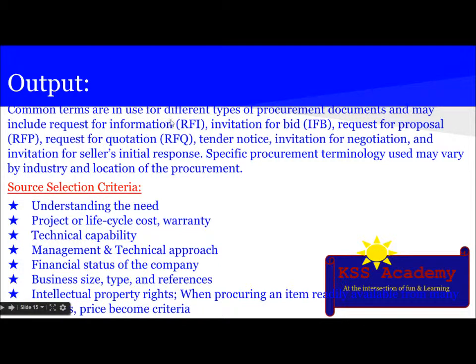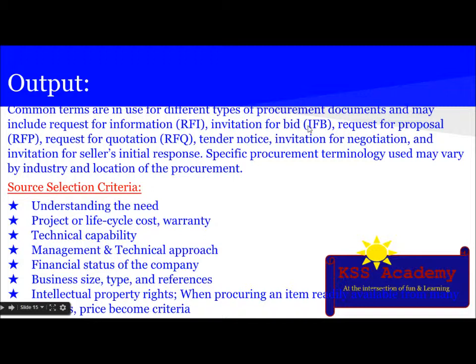Let's learn about what all these terms are. RFI, which is request for information, gathers information on sellers' capabilities, is generally followed by RFQ or RFP, and helps prepare the RFQ or RFP. What is invitation for bid?